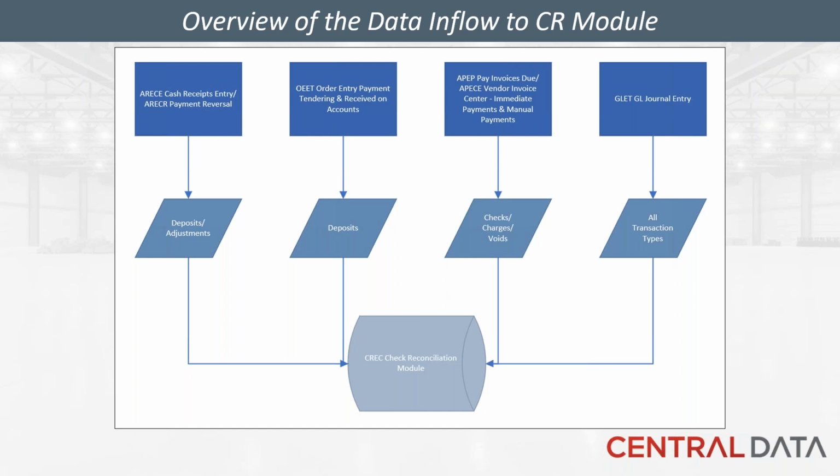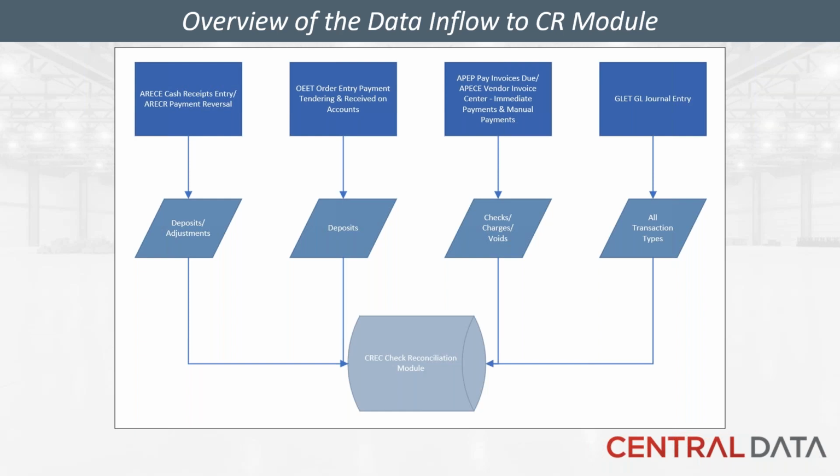So the data that flows into the CR module, of course, is coming from all sorts of areas of the system, right? We have deposits coming from cash receipt entry, and of course, adjustments coming from payment reversals. We have transactions coming from order entry, right? When payments are tendered on customer orders, when received on account orders are placed, or payments are tendered, received on account, I should say.